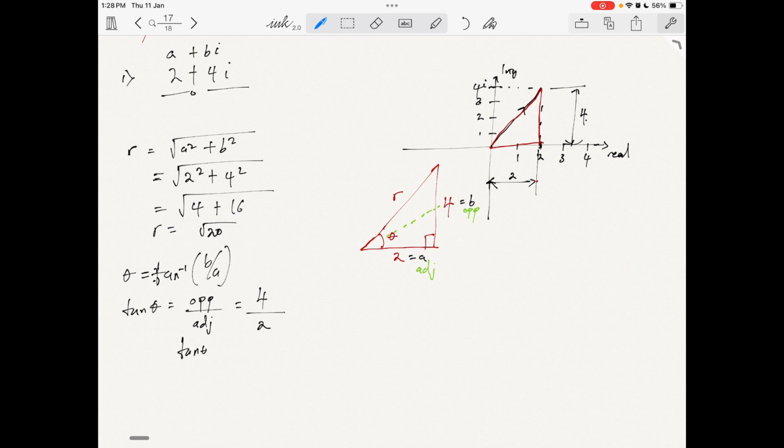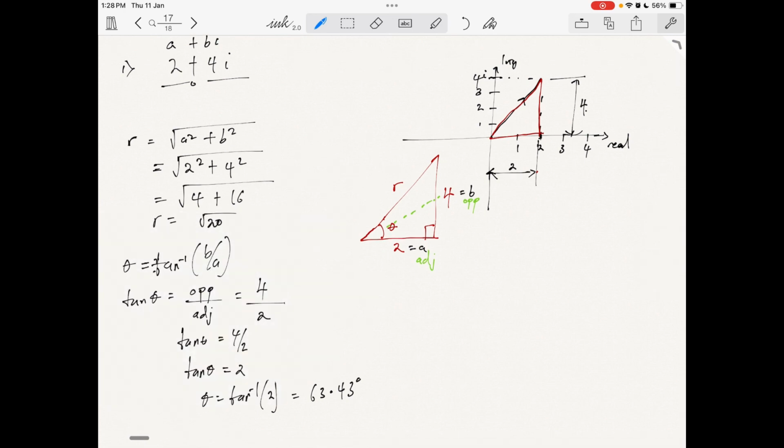So tan theta is equal to 4 over 2, or tan theta is equal to 2, and theta is arctan 2, which in degrees is 63.43 degrees. Now, having established that we are in the first quadrant, our argument of z is equal to theta. No argument about that.